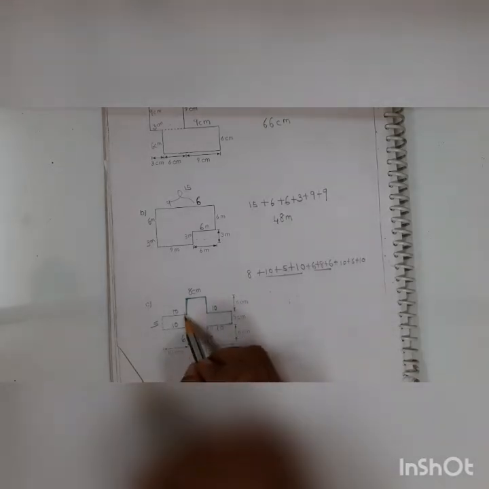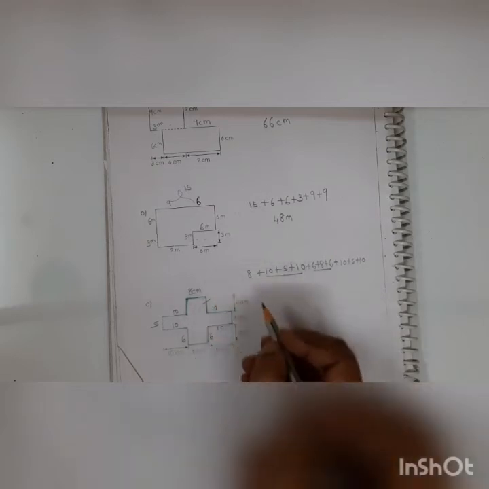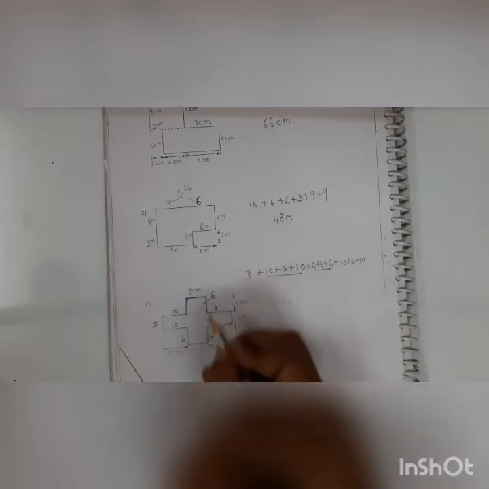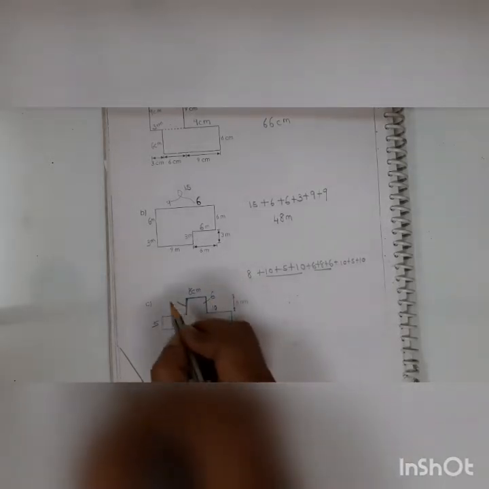And finally over here, see children, I forgot to number this. What should it be over here? See, this is 6. Can you see, children? Why? Because this is 6. So this also is 6. And here, this will also be 6.